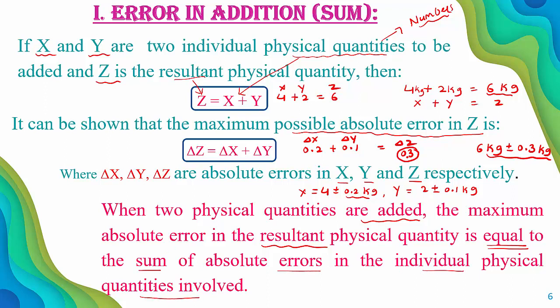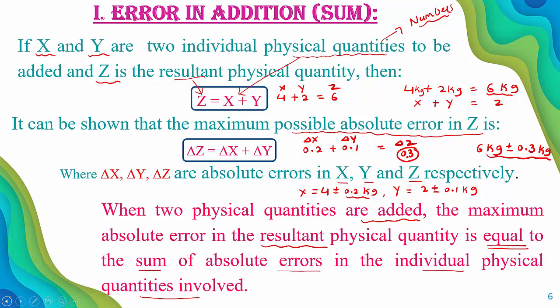That means, when you add two physical quantities, like 4 plus 2 equal to 6 kg, the result 6 kg has an error equal to the sum of absolute errors in 4 kg as well as 2 kg. Because of error in x and y, we get error in the resultant, that is z. Is it clear? This is error in addition.